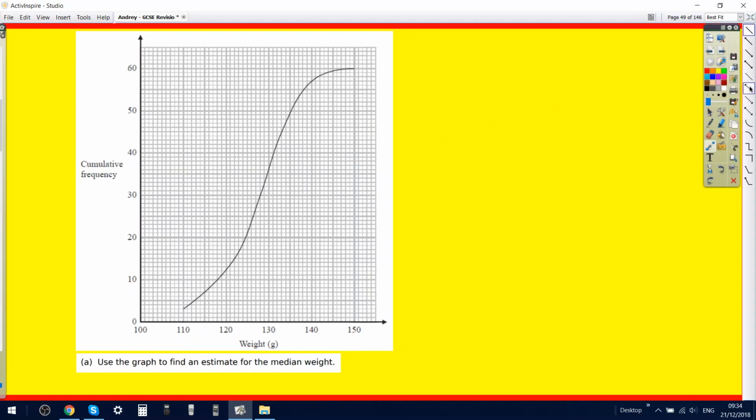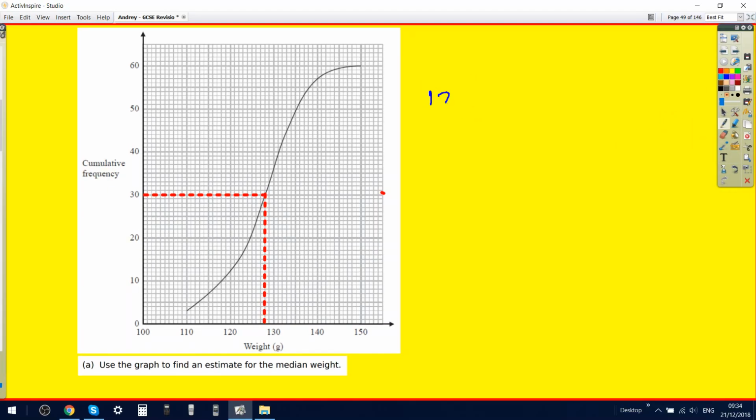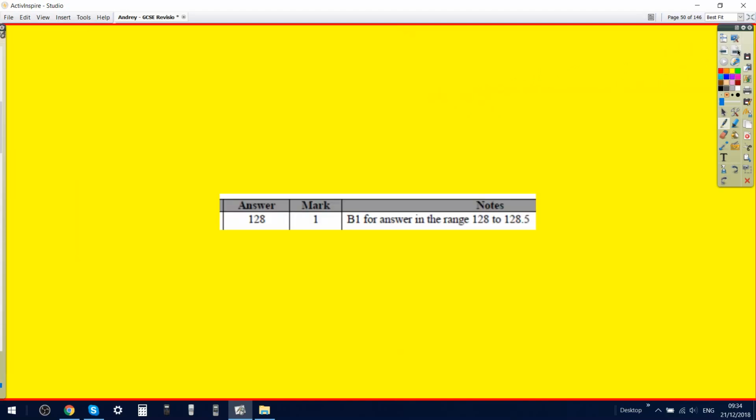Let's see. Yes, I think that's good. And as always, just use your ruler. It's 8 grams. Yep.